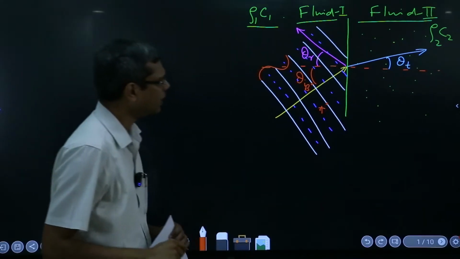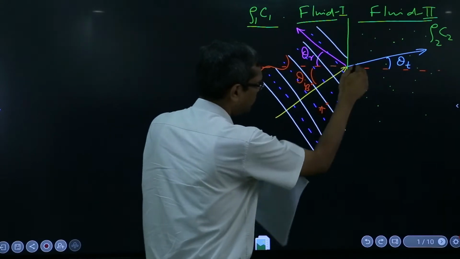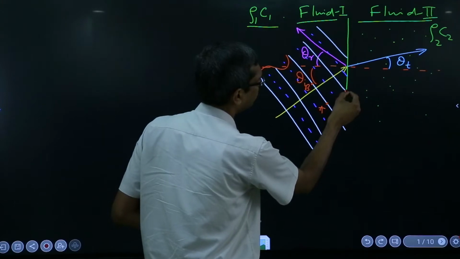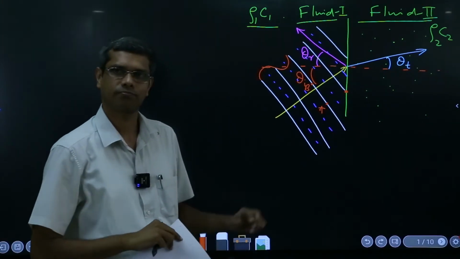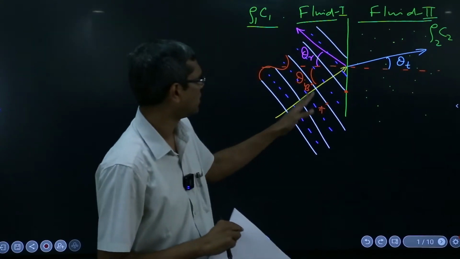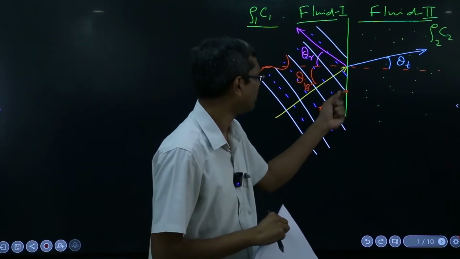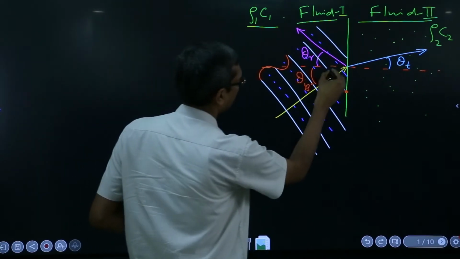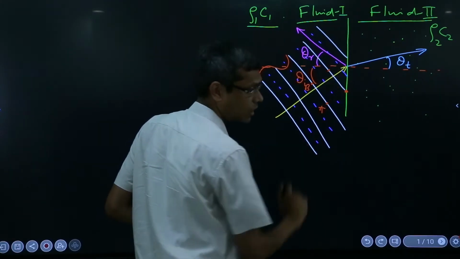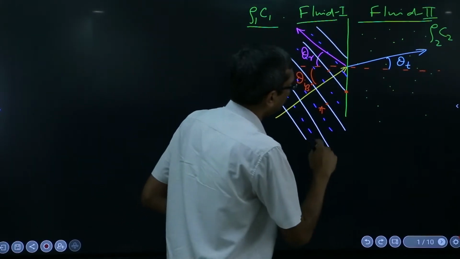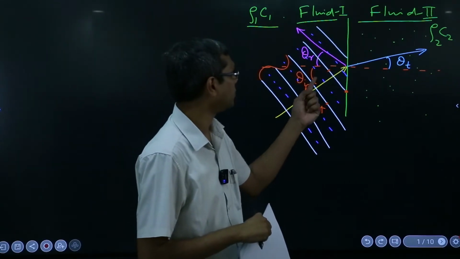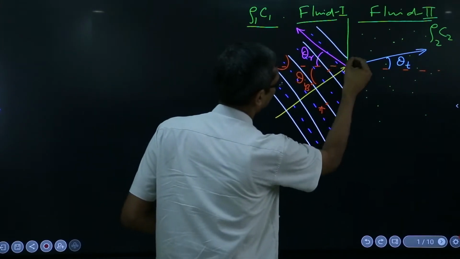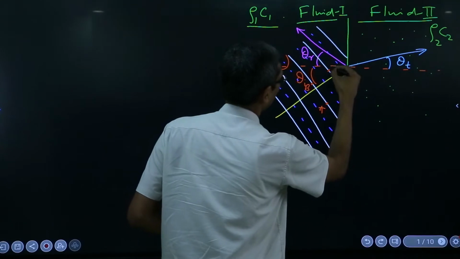Now they moved, and A met fluid 2 first, because it was on this side. By that time B hasn't yet met it, so B is still here. It will take some more time for B to see fluid 2, so this may be the distance.